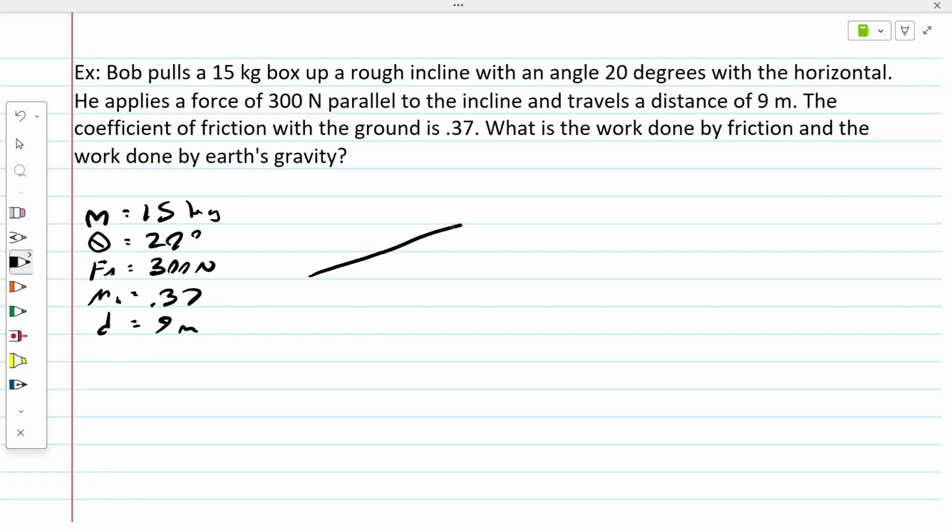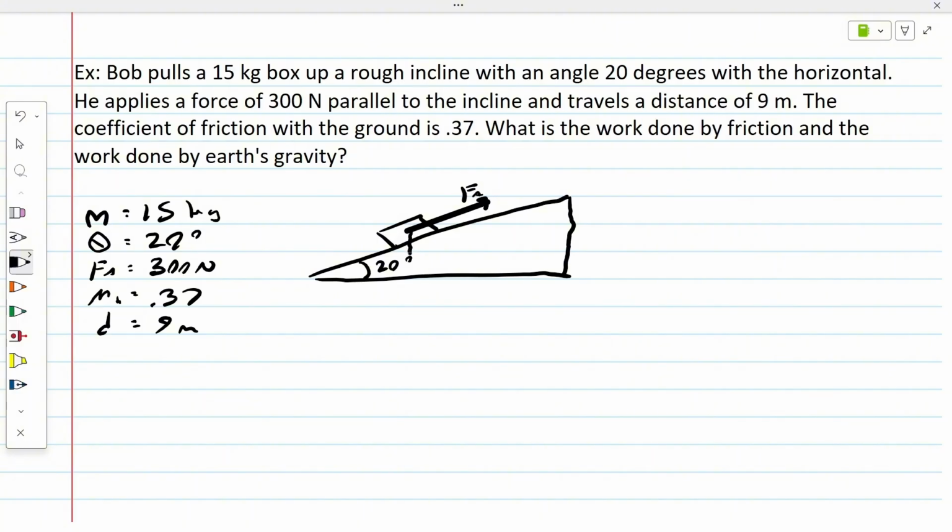So if we draw our incline here, it'll have an angle of 20 degrees, and the box is going to be like this, and it's going to be pulled up this incline here. That'll be the force applied. Okay, so let's first draw out the free body diagram on this box here.